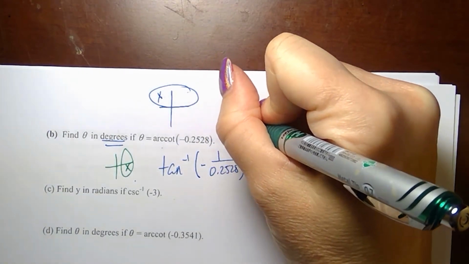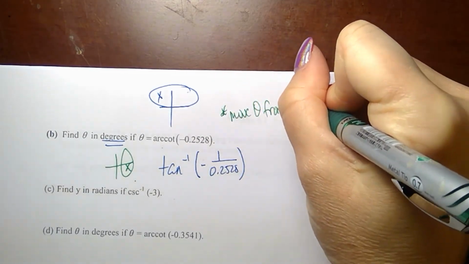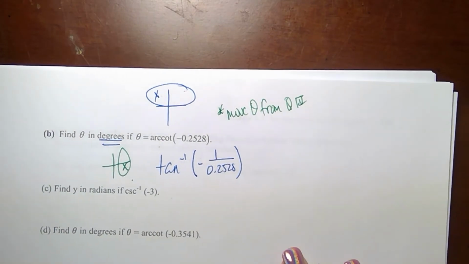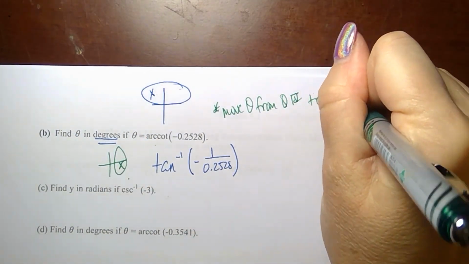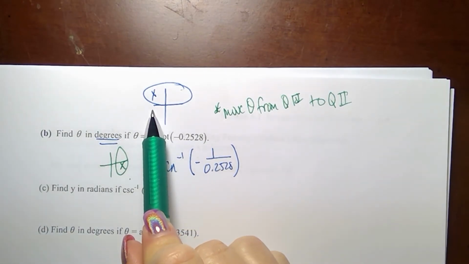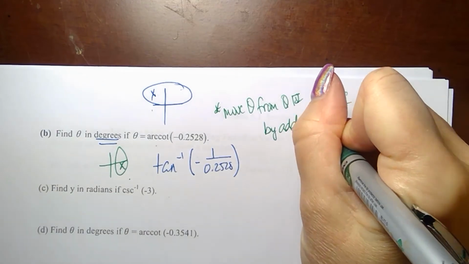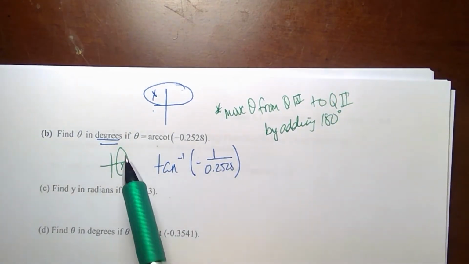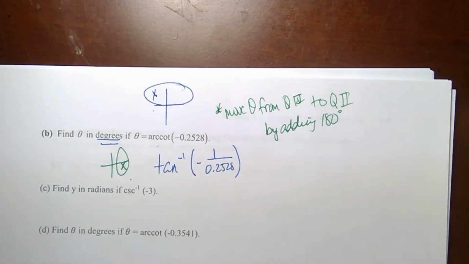So I'm going to have to move my angle theta from quadrant 4. I get a negative value in quadrant 4. I'm in degrees. So I need to move it to quadrant 2 where cotangent inverse is defined for negative values. And I'm going to do that by adding 180 degrees. If I were in radians, I would add pi, but I'm in degrees, so I'm going to add 180 degrees.